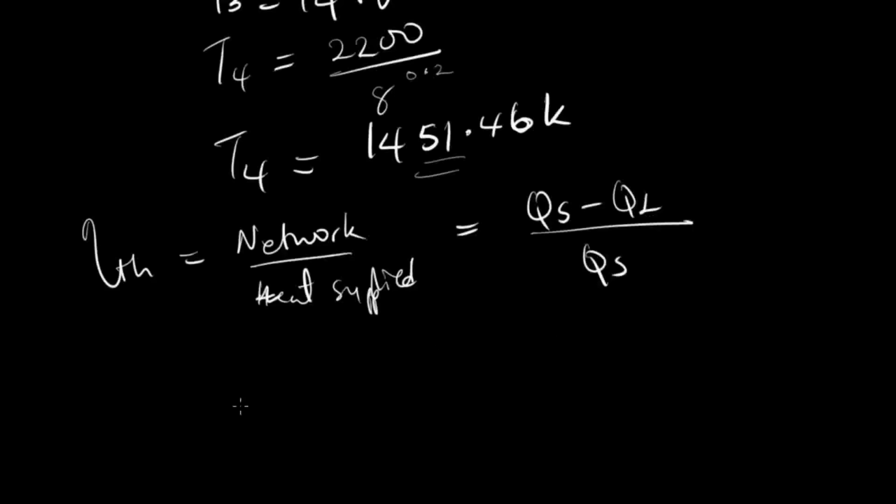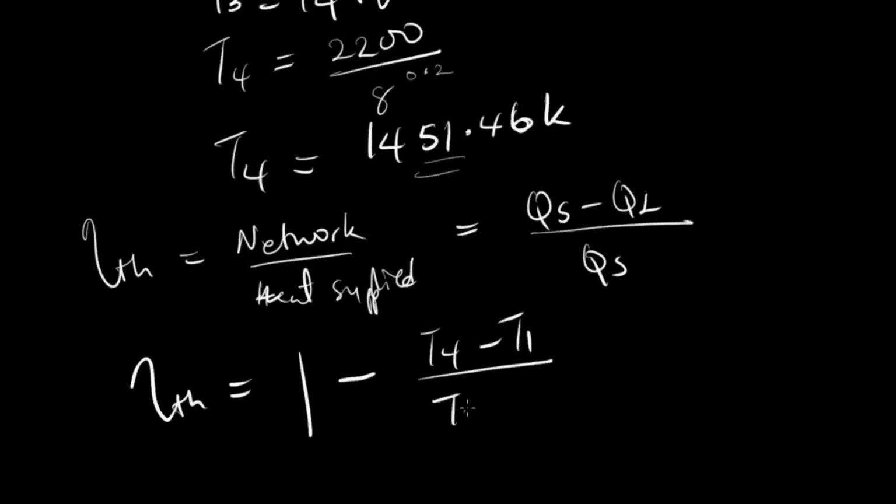And of course, once the formula is reduced, we have 1 minus T4 minus T1 over T3 minus T2, times 100%.